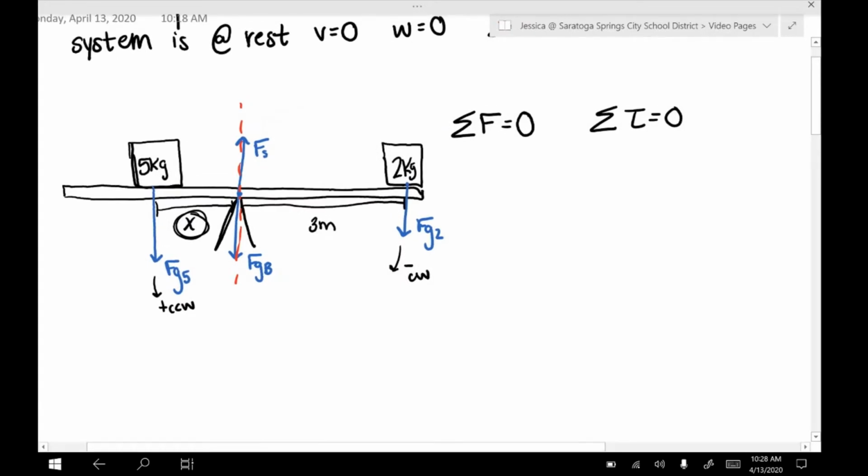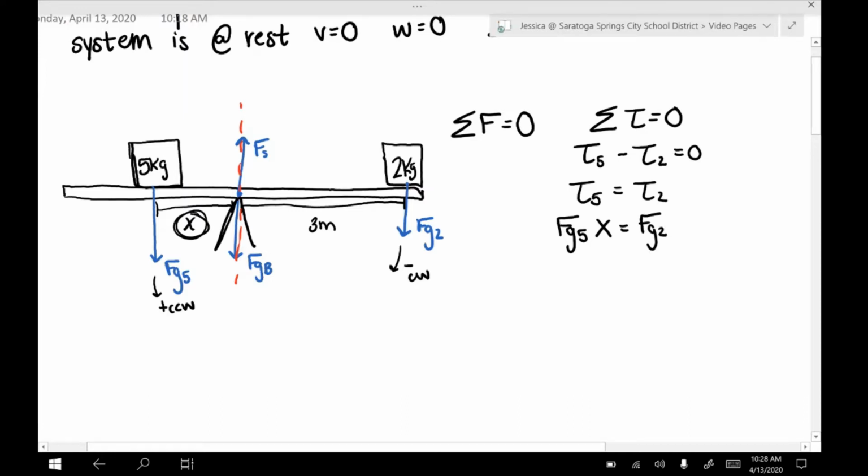So I'm going to have the torque from the 5 kilogram mass minus the torque from the 2 kilogram mass equals 0. I'm going to rearrange this, so I end up with torque from 5 kilogram is equal to torque from 2 kilogram. Now remember, torques are forces, Fg5, times distances. Again, a lot of students forget that distance part, so don't be a lot of students. Be extraordinary.